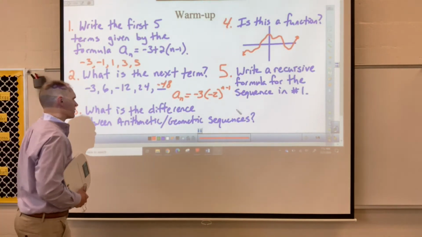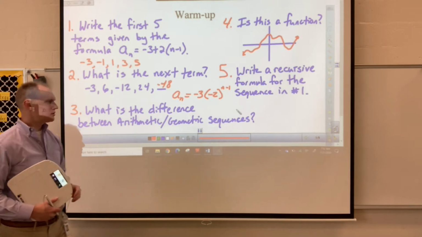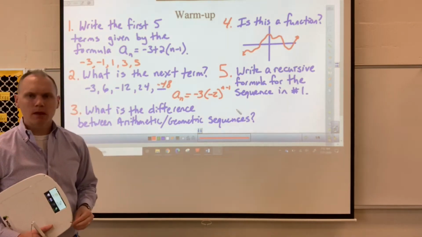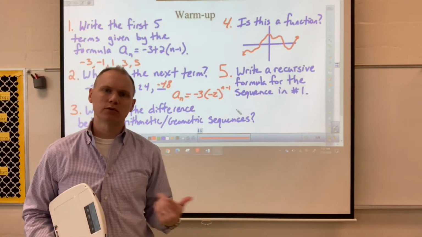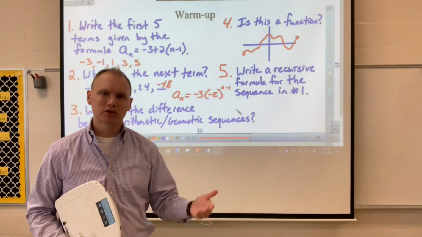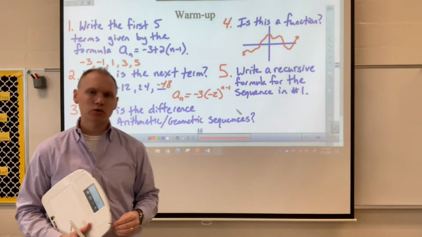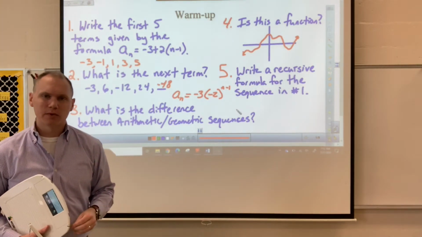Number 3, what is the difference between arithmetic and geometric sequences? Really comes down to what is that repeated process that we're doing every time. If that repeated process is addition or, I guess, subtraction, then it's arithmetic.